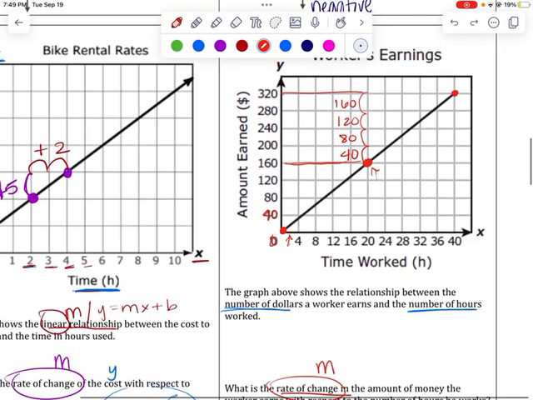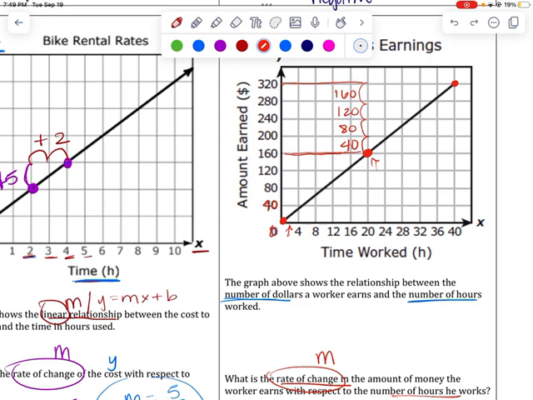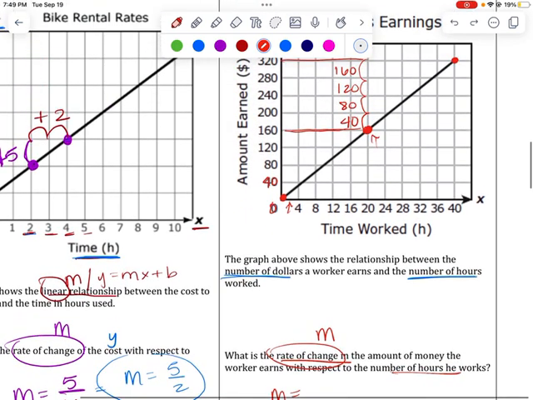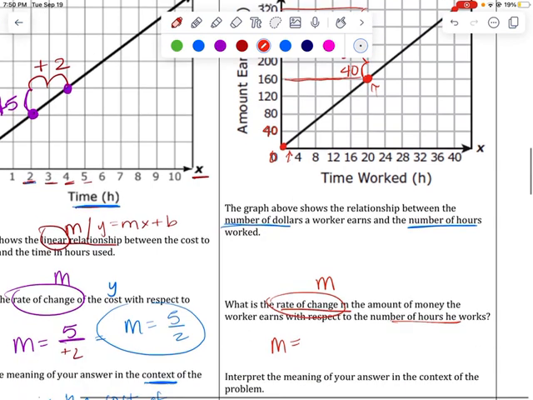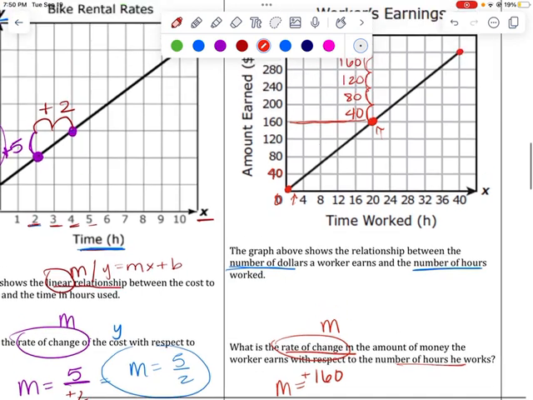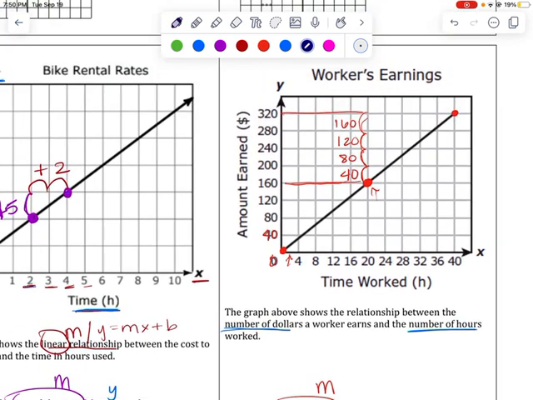But let's stick with that point that I picked right there, just because that makes it a little trickier. Just in case you don't get that on your STAR test. All right. So that's 160 in between this, all the way up there. We went up 160.